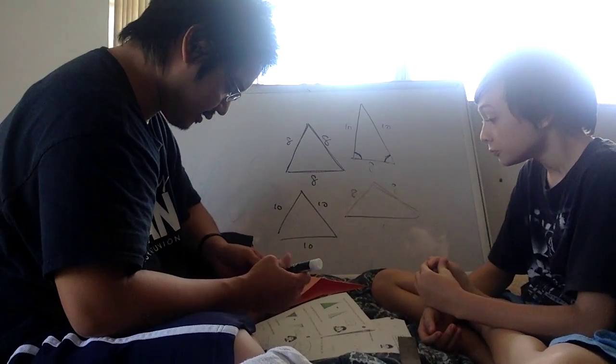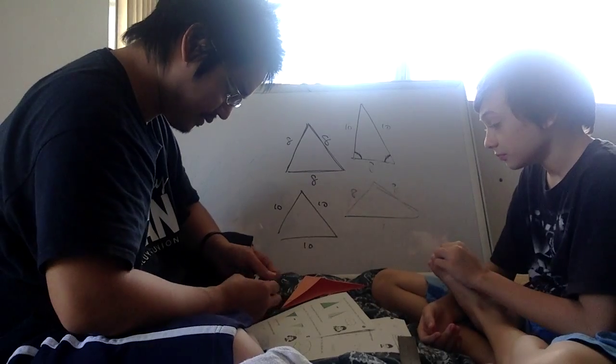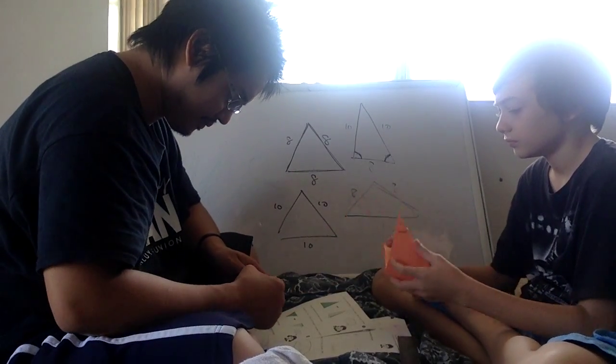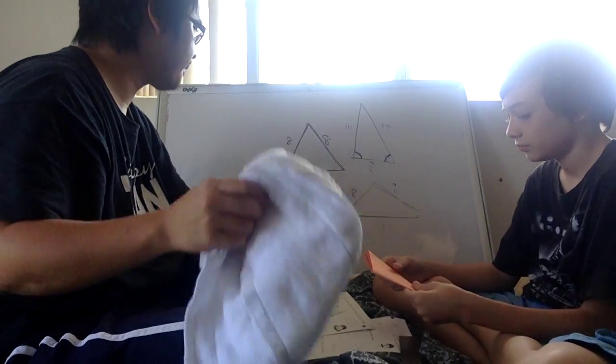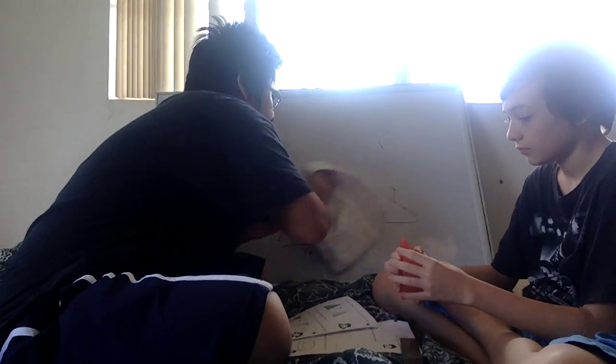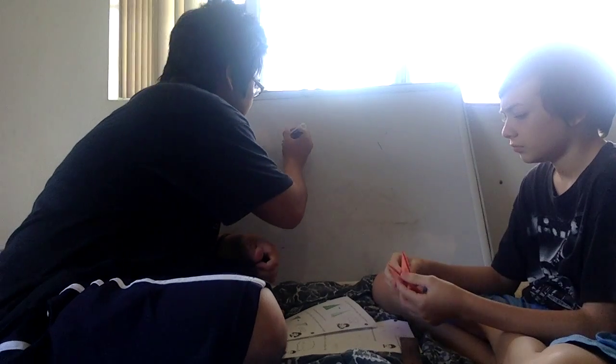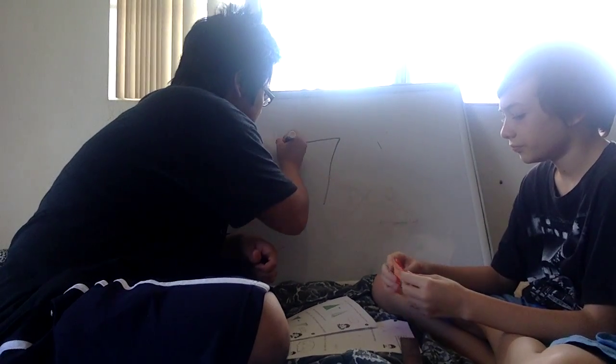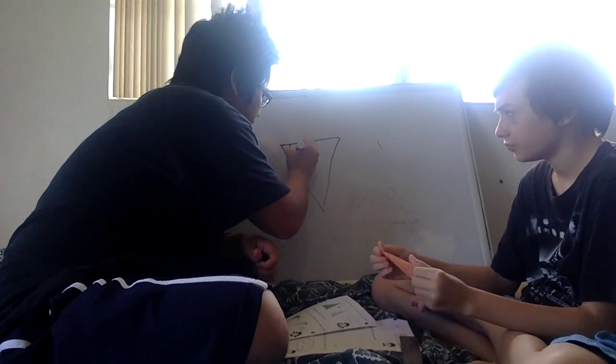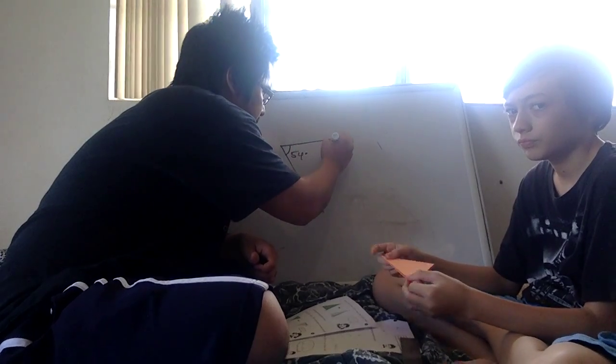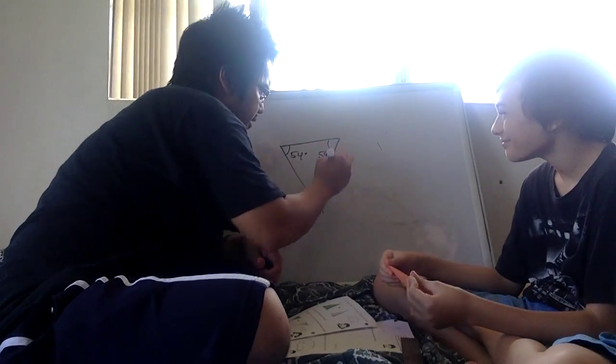All right. Say that you have a triangle. I'll draw the triangle. This angle right here is 54 degrees. This angle right here is 54 degrees.